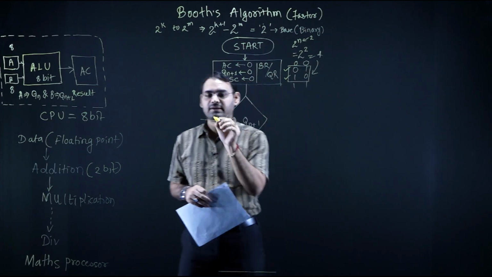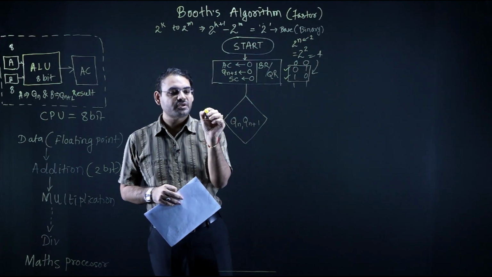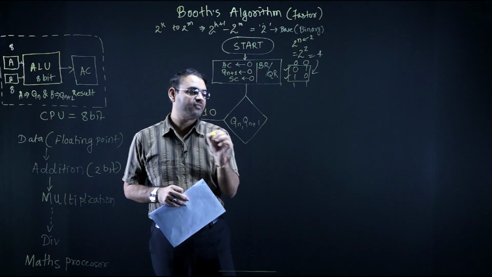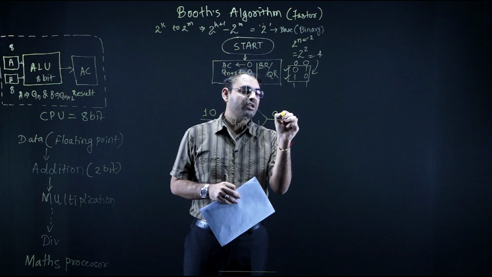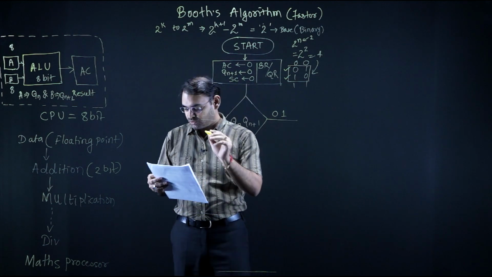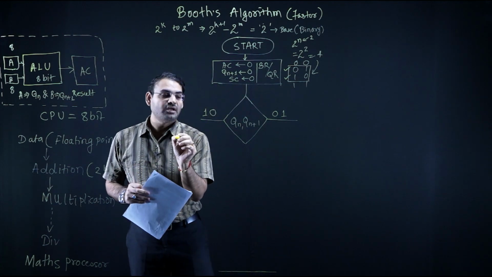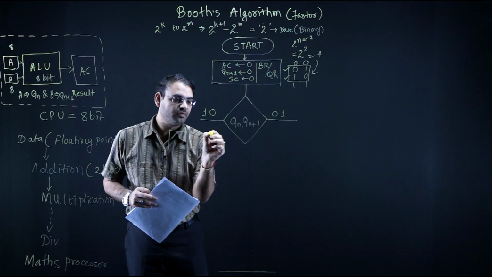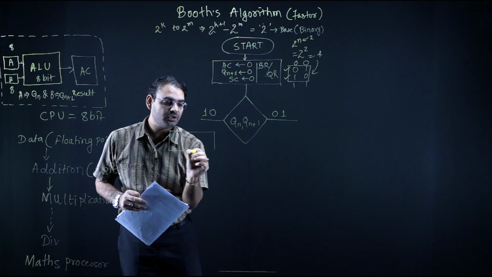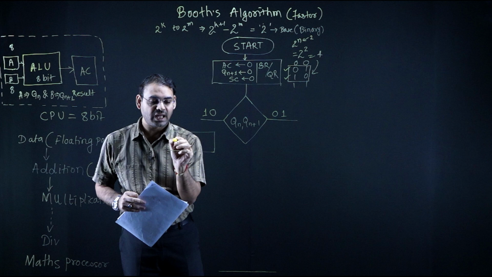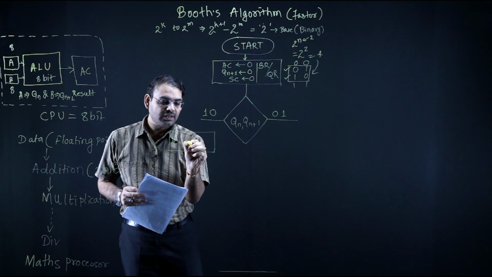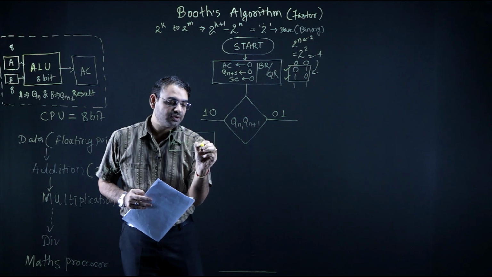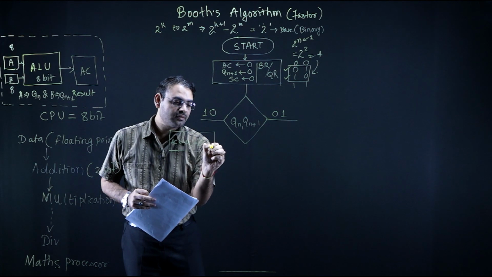Why? Very simple, because when there is a difference between the numbers, we acknowledge it. These two different values I understand by observing what happens inside the AC, the accumulator. The accumulator gives me AC plus BR bar plus 1.